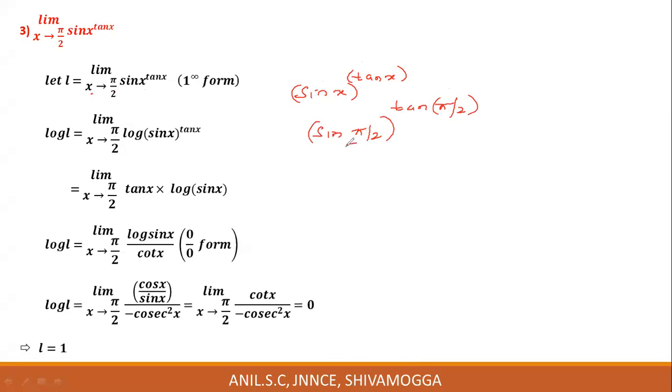Then what is sin pi by 2? Sujan, what is sin pi by 2? 1 whole power tan pi by 2. What is tan pi by 2? Infinity. Right. 1 to the power infinity form. Is that clear?